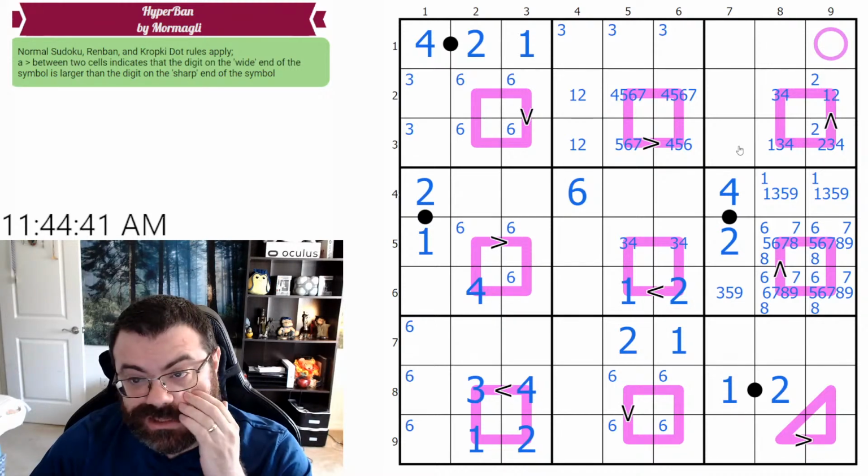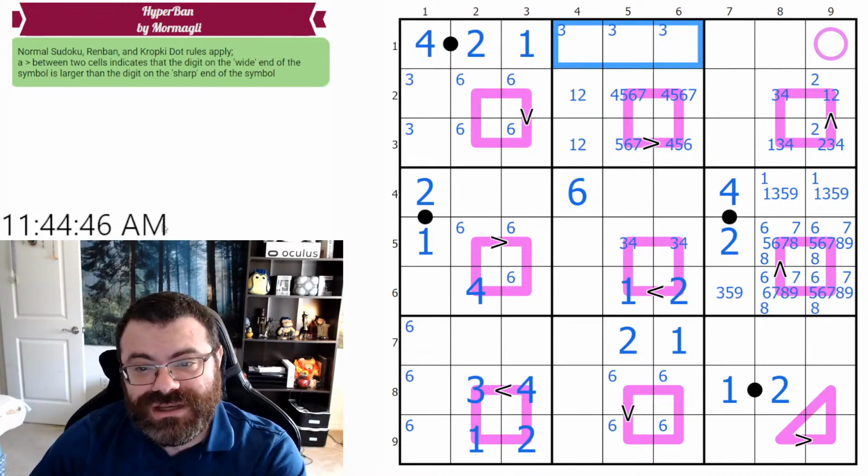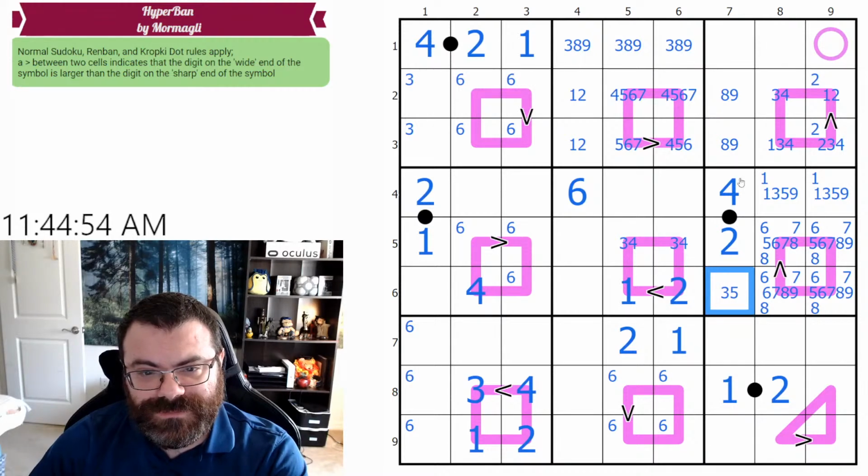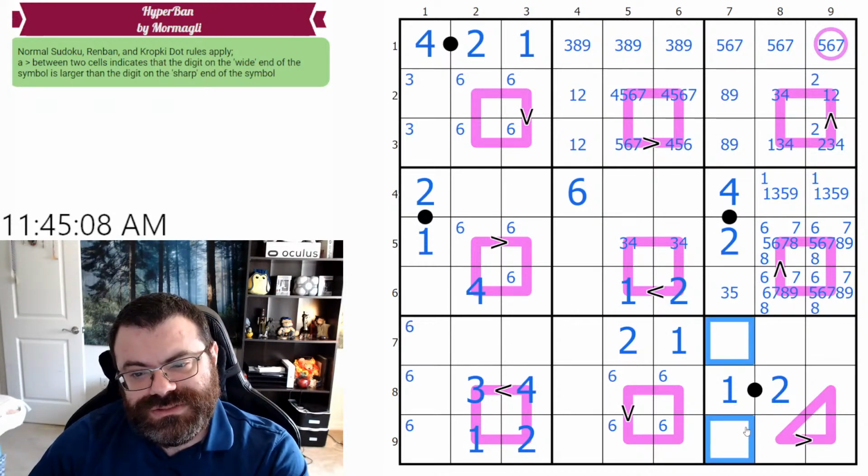I really don't see that. I'm sorry. Oh, because 8 and 9 are up here. So this is a 3-8-9 triple. That puts 8-9 down here, so that's not a 9. So this is 5-6-7. These are from 3-5-6-7.